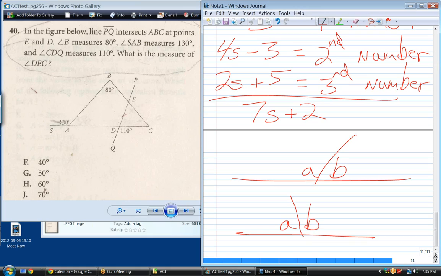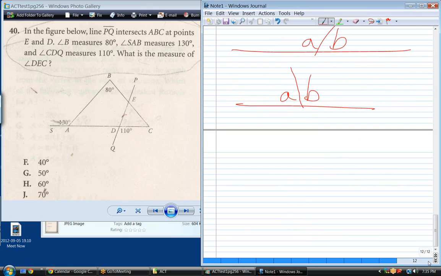Okay? So if I look at this problem, I have a couple angles over here, and then I have this triangle here, and then I have this little triangle here, plus a couple angles right there. So the goal on this problem is going to be to solve everything we know. So what is this angle right here? 50. Okay. So if this is 50 and this is 80, what is this angle C?